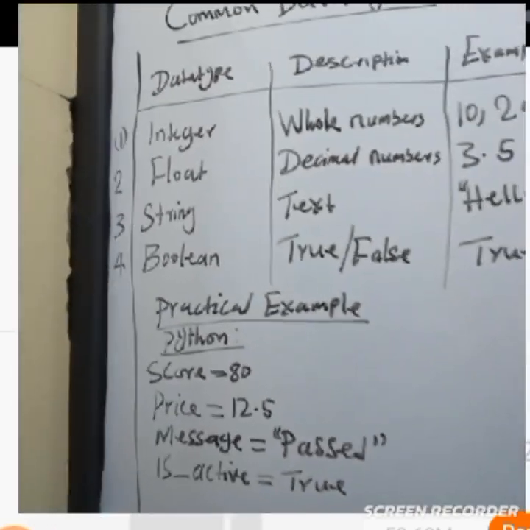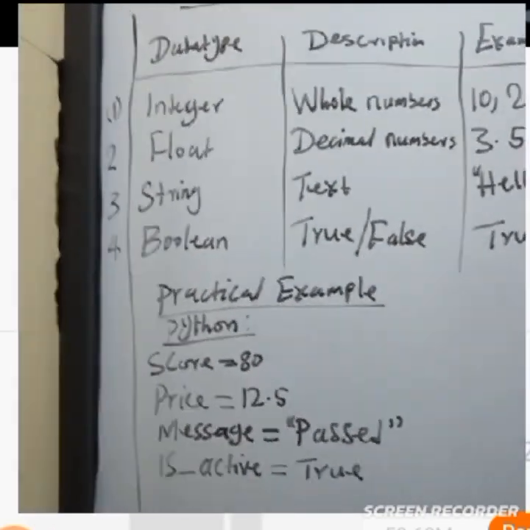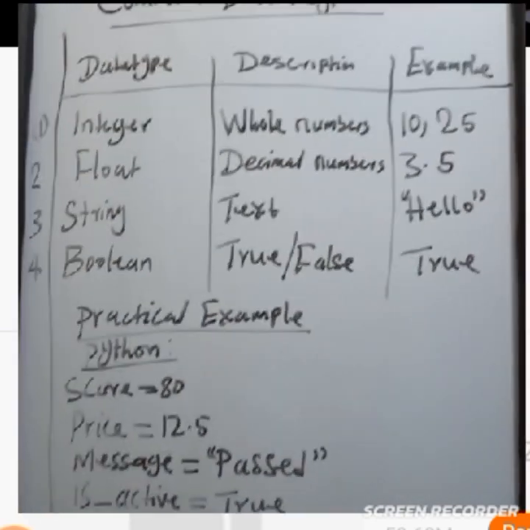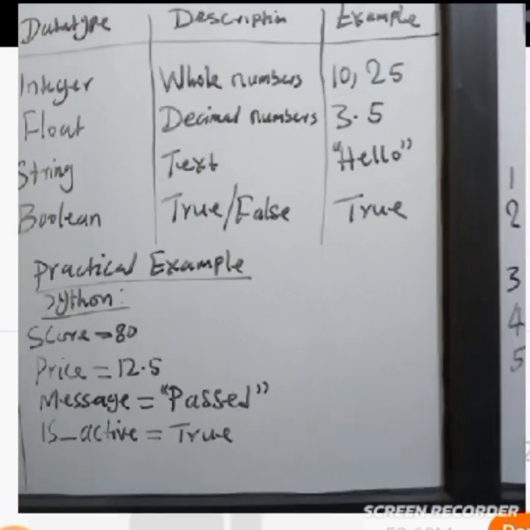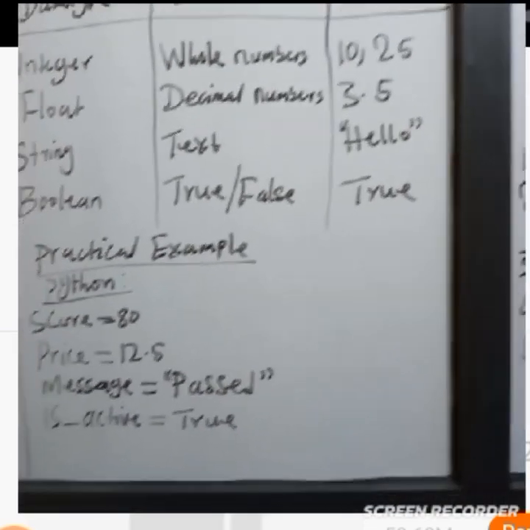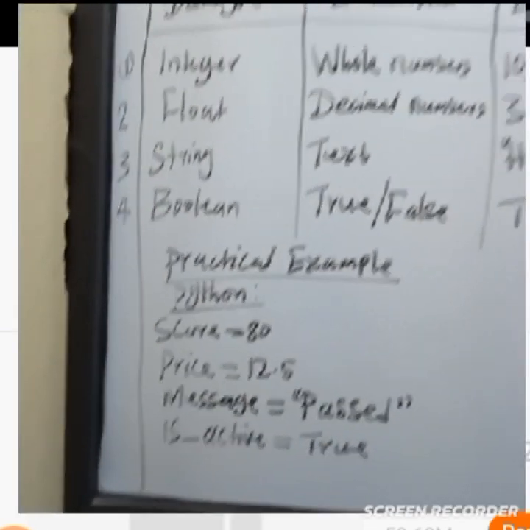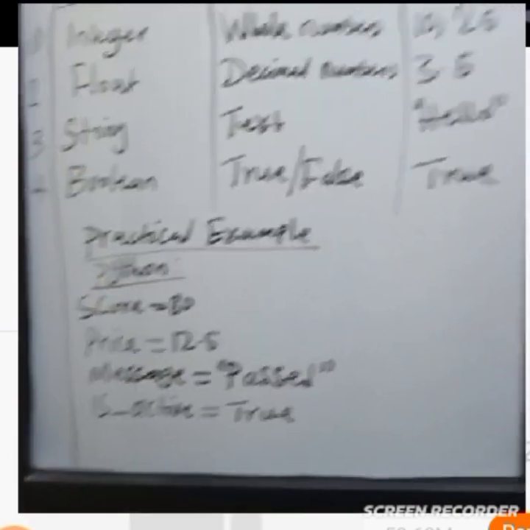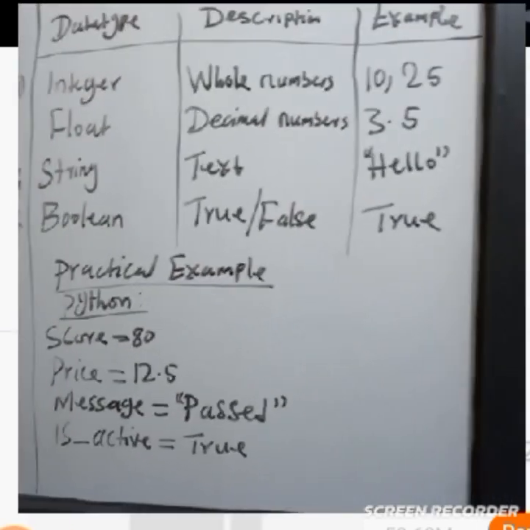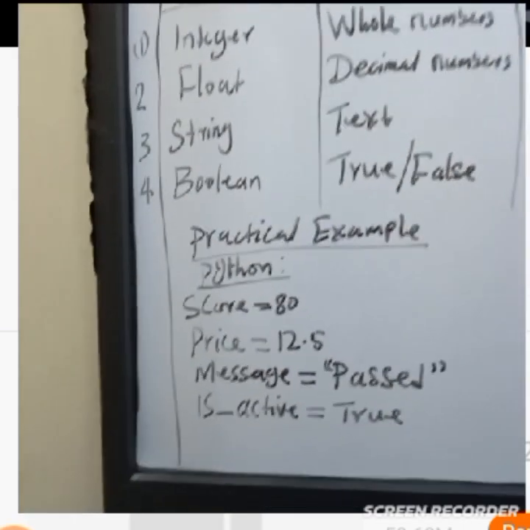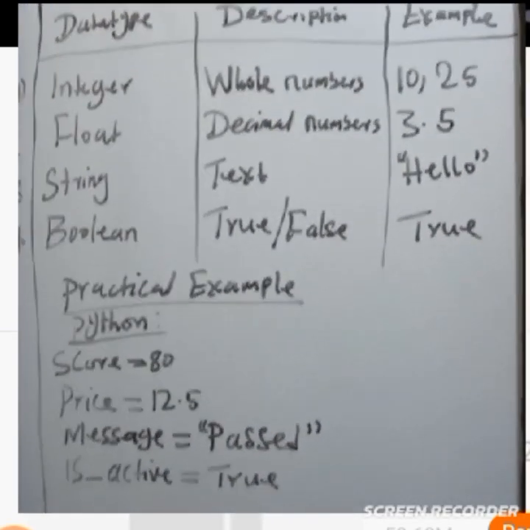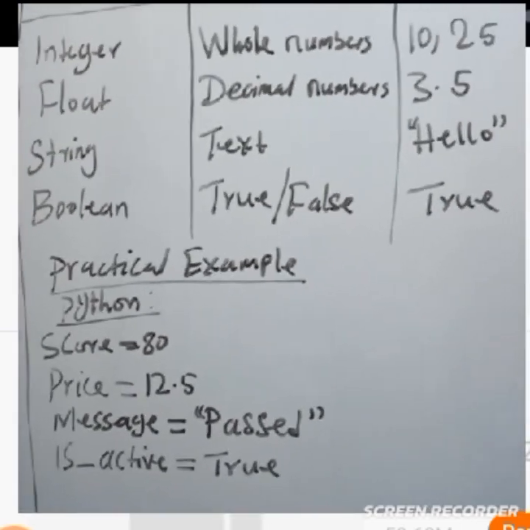Number two is float. Floats are decimal numbers. Example: 3.5. Number three, string. Strings are text. Example: "hello". And number four, boolean. Boolean is true or false. Example: true.